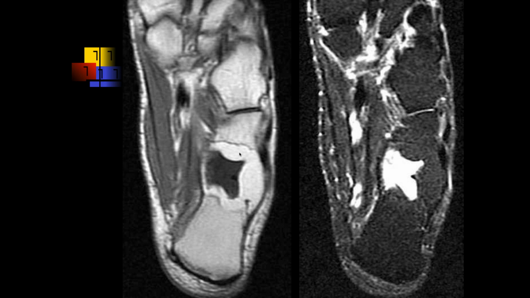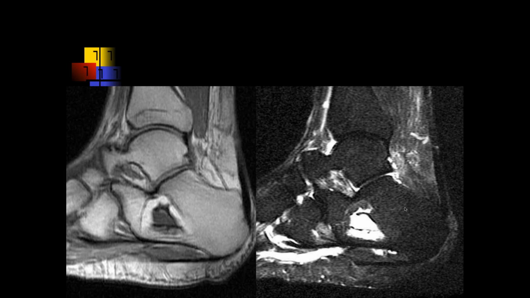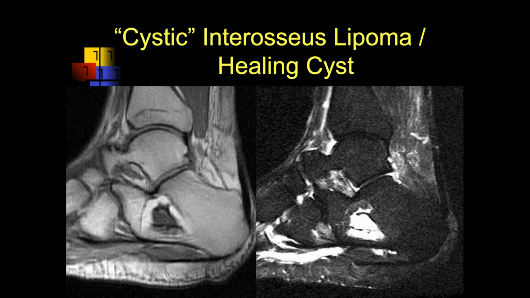The character is a little different from the fat within the remainder of the bone, primarily because you don't have trabecular bone in this fat, and that's why it's brighter on the T1. We can see that it darkens on the fat suppressed sequences, and that this is really around the neck of the calcaneus, and this is a cystic intraosseous lipoma. And this is one of the most common locations for this particular lesion.